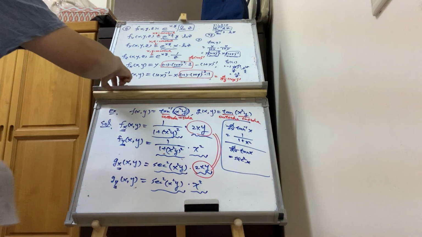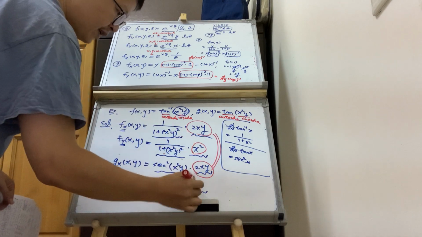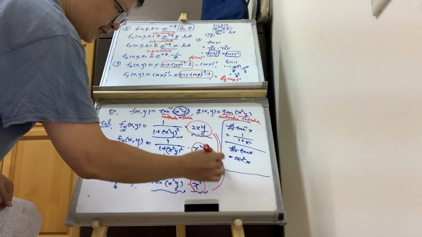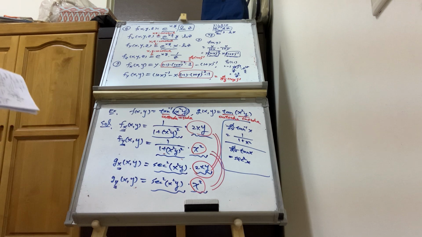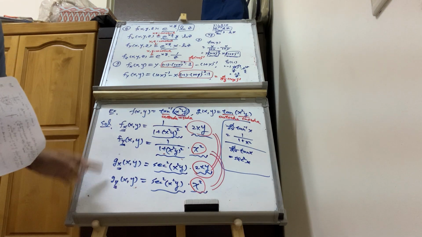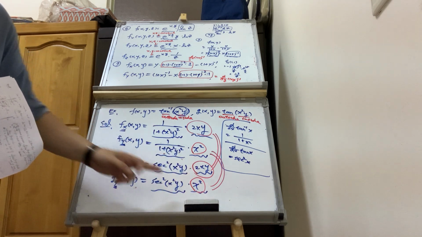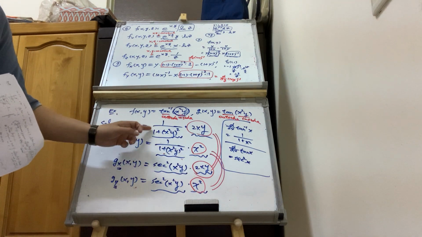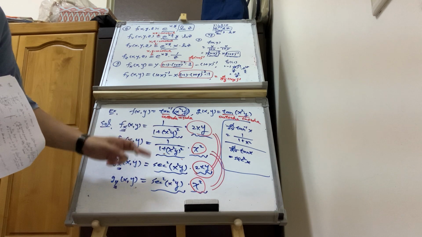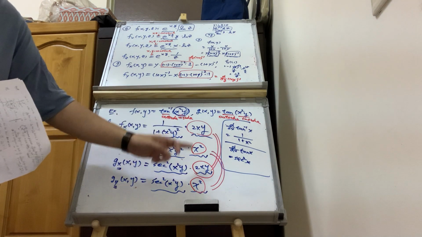So it's the same as this one. Their difference is exactly that the outside function is different. Otherwise, the inside is the same. They have different derivative formulas, but the inside function is the same.